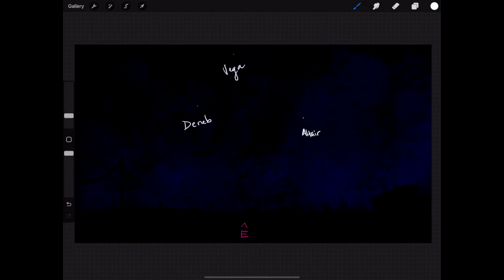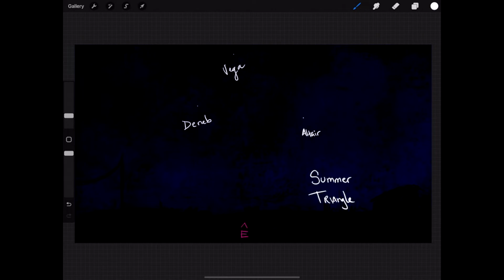Alright, Deneb, Altair, and Vega. And together they form the summer triangle. Alright. Now, the summer triangle is a star picture in the sky.